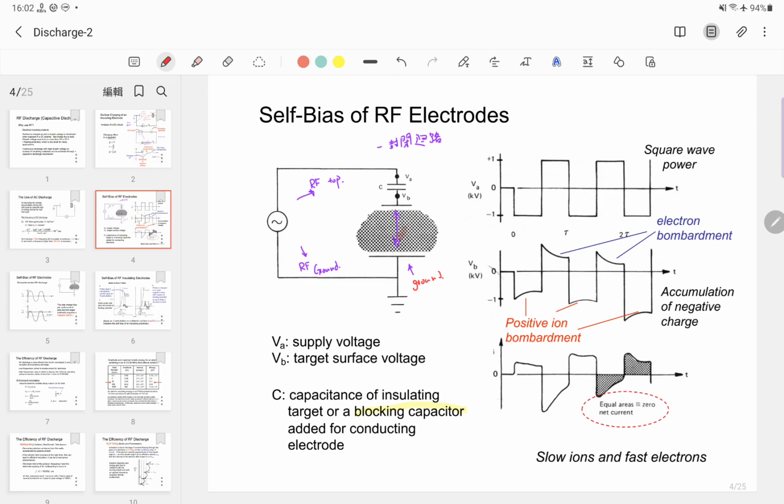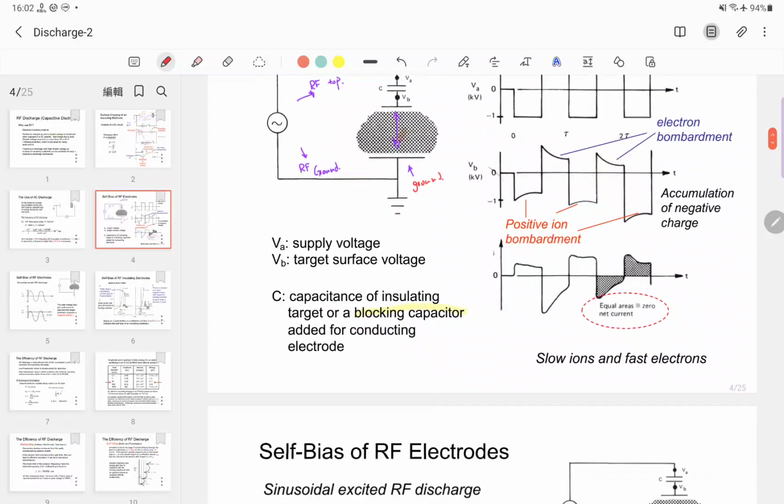From this figure, at time zero, the output connected to V sub A, the voltage, for example, is minus 1,000 volts.